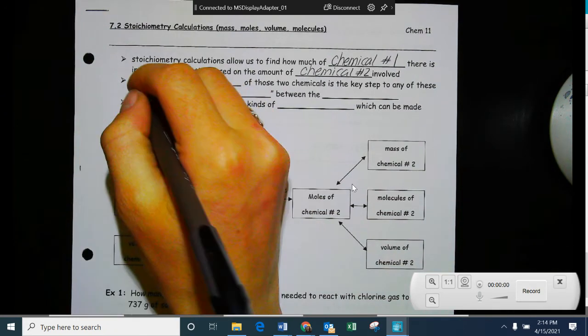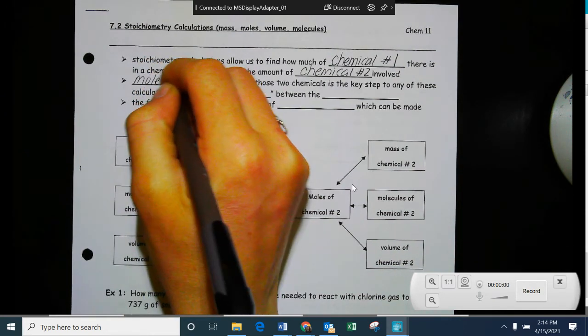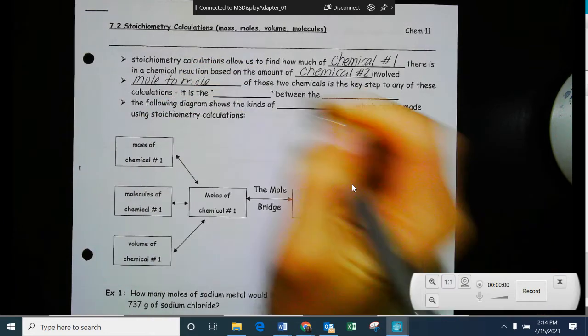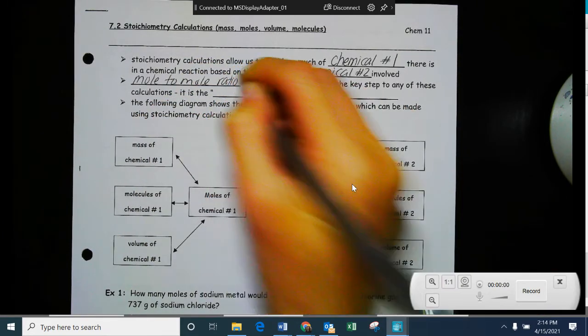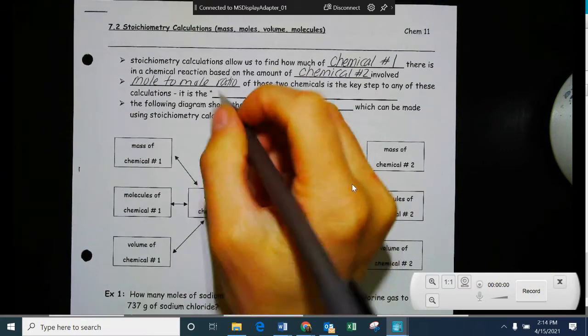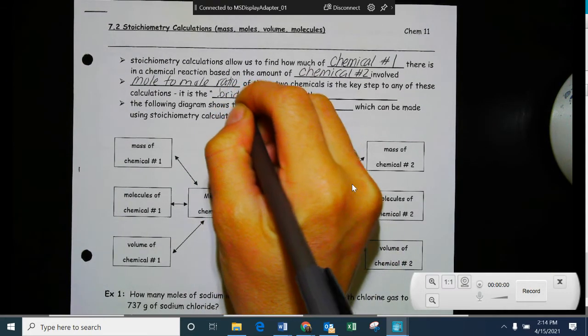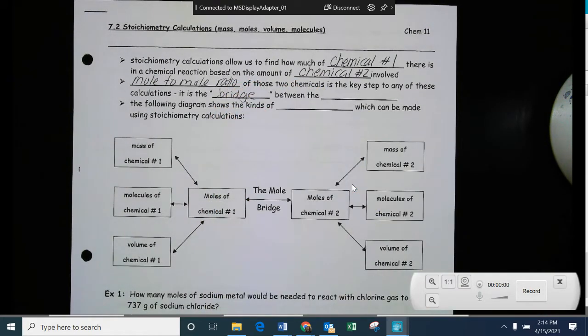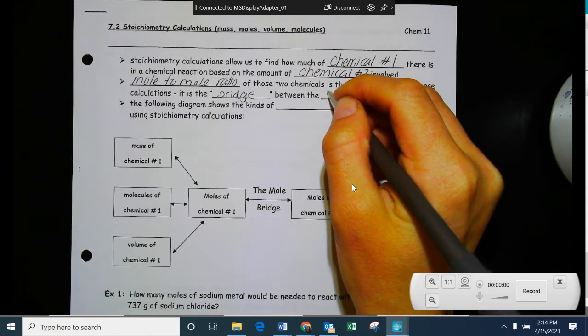And we need to know the mole-to-mole ratio of these 2 chemicals. So that is the key step to all of the calculations that we do in stoichiometry. Mole-to-mole ratios, very, very important. It is the bridge between the 2 chemicals.